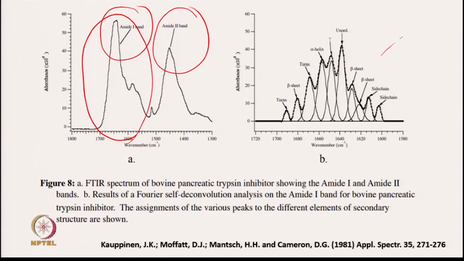And here is your deconvolution of the amide 1 band. Based on that, you can tell what is the amount of alpha helix, turns, beta sheets in the given protein. The assignment of various peaks to the different elements of secondary structure is shown in this figure, and that helps you in the determination of secondary structure of protein.